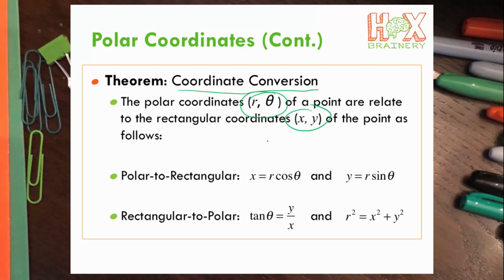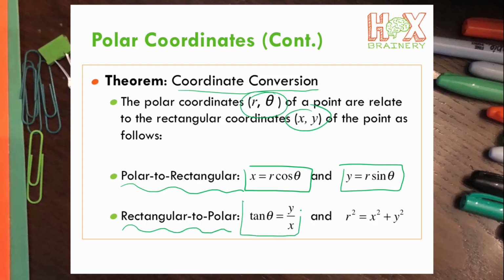Rectangular coordinates are written as (x, y), and if we convert from polar to rectangular, we use these two equations right here: x equals r cosine theta, y equals r sine theta. And if we were converting from rectangular to polar, we use tangent theta equals y over x, and r squared equals x squared plus y squared. So we're already familiar with these, so this is like a review.